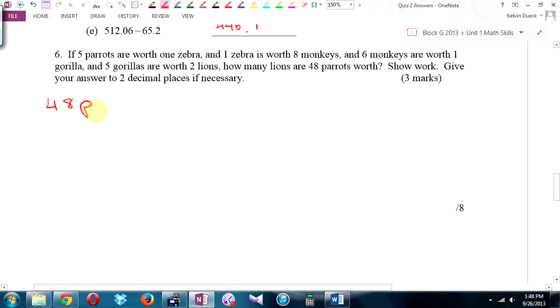And then start converting. It looks like I can go from parrots to zebras. 1 of those, 5 of those. And then it looks like I can go from zebras to monkeys. 8 of those is 1 of those. It looks like I can go from monkeys to gorillas. And apparently 1 of those is worth 6 of those.